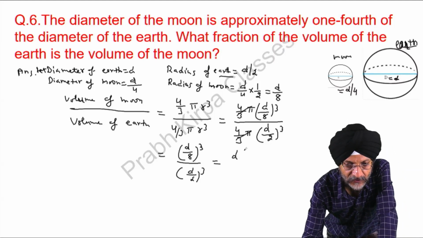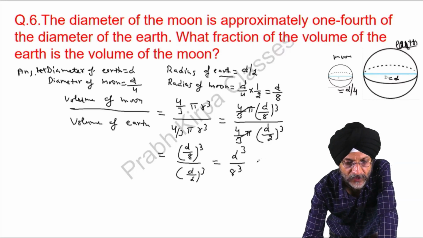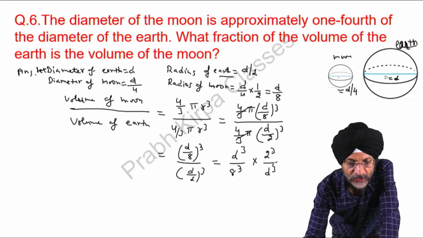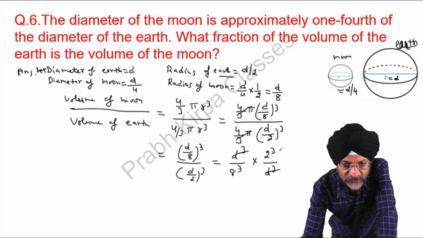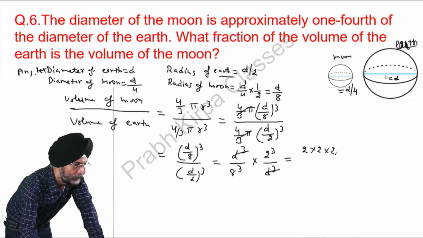It will come as d cube over 8 cube into 2 cube over d cube. Now this d cube and d cube will be cut and what will be the balance? 2 into 2 into 2, 8 into 8 into 8.